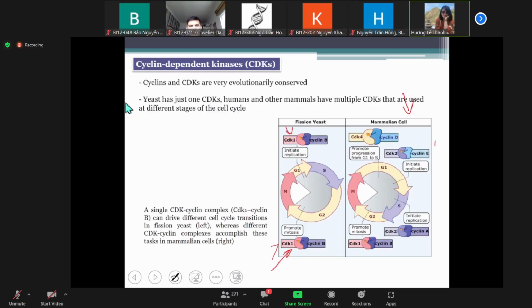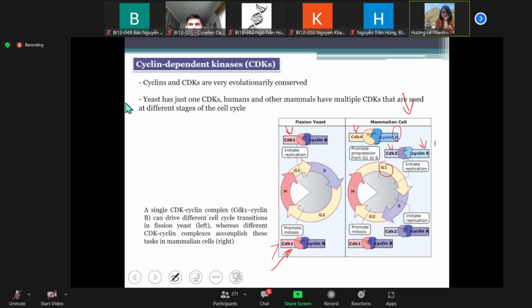So here we have cyclin D with CDK4, and CDK2 with cyclin E. They prime the actions inside the G1 stage.